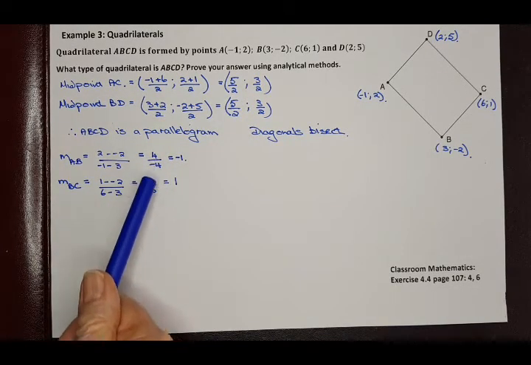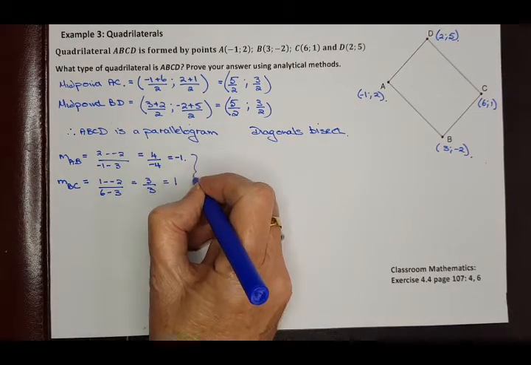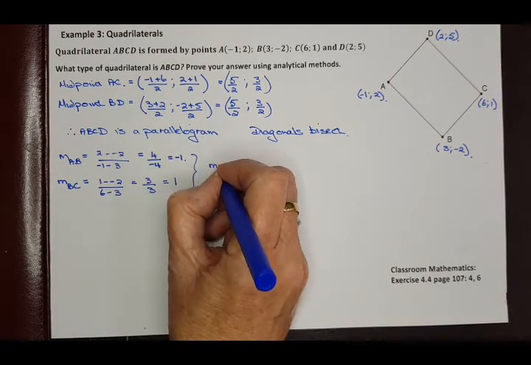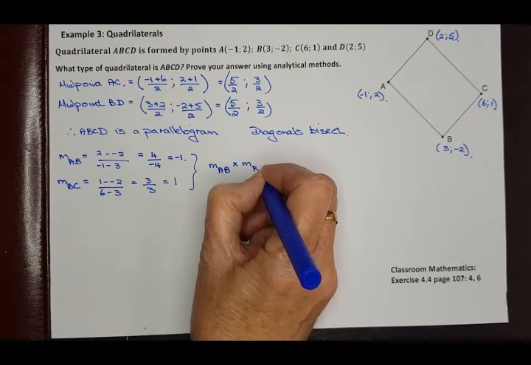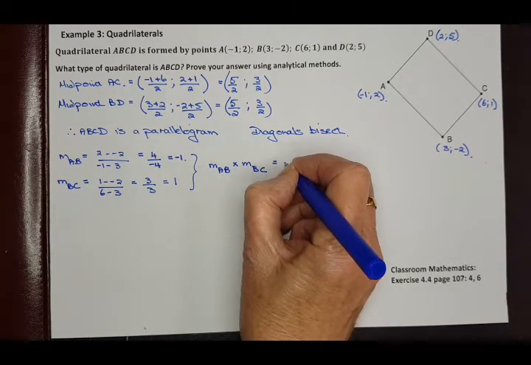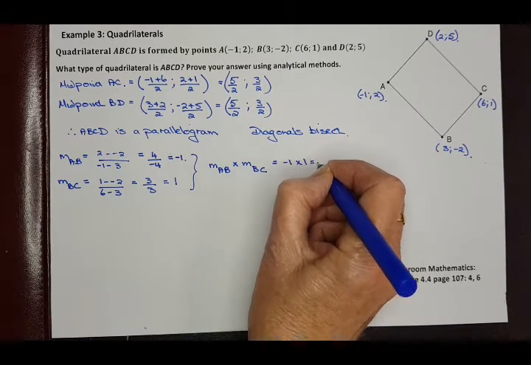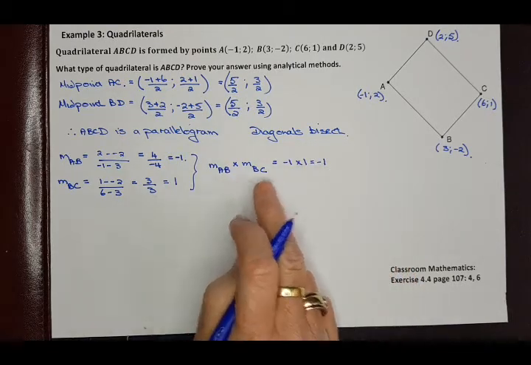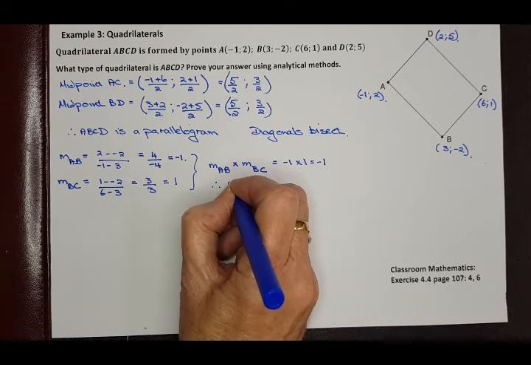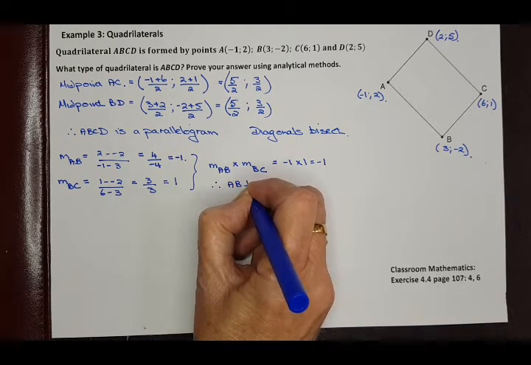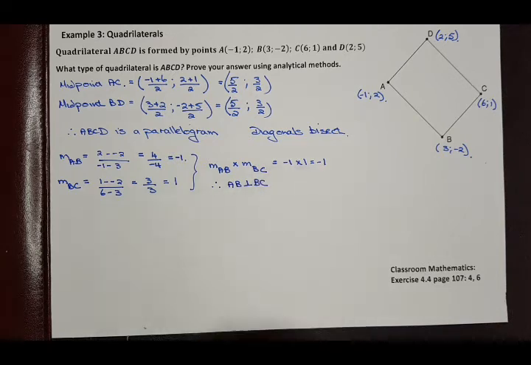Okay, taking this piece of information, the gradient of AB multiplied by the gradient of BC is going to equal minus 1 times 1, which is negative 1. If the product of those gradients is minus 1, we can conclude that AB is perpendicular to BC.